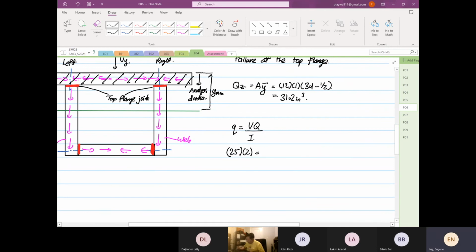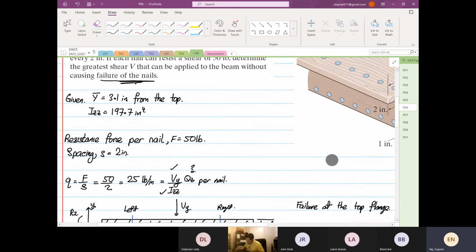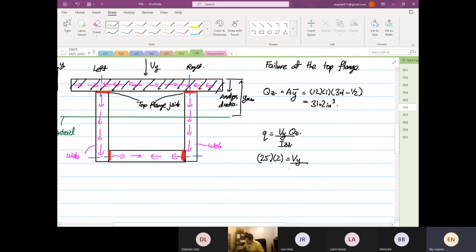Then you have your V, which is what you want to find out. Right, so sorry, this is Vy over Izz, Qz. So your Izz now is 197.7 and your Qz is equal to 31.2.